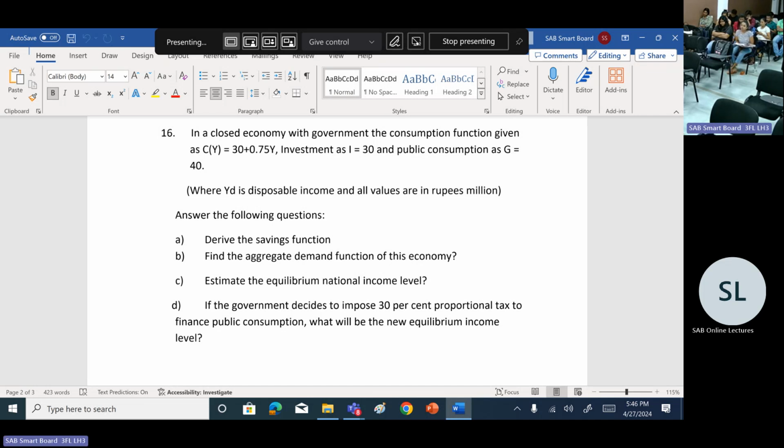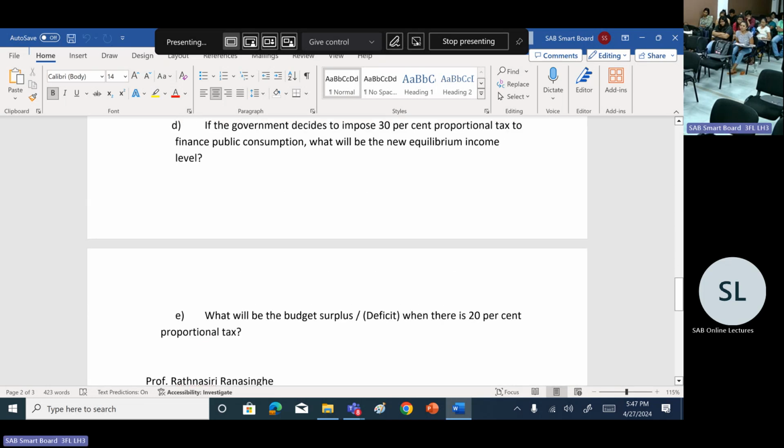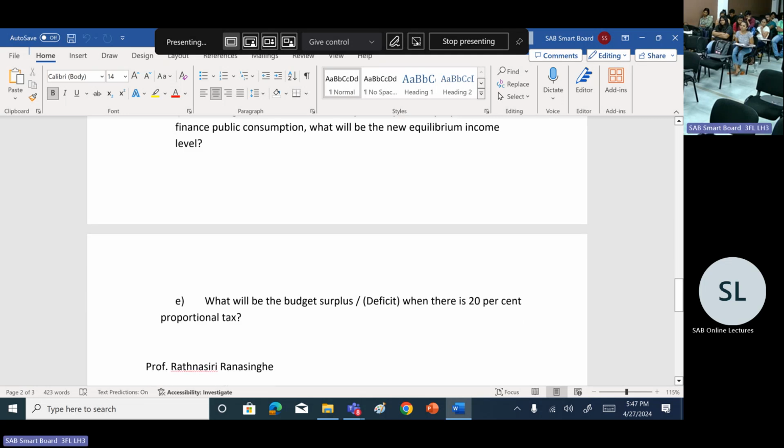Now, if we are given a full-fledged open economy model, we take all these equations. We take the budget part. Here the budget surplus comes in. What is the budget? If there is a tax, the budget means the difference between the revenue and the expenditure.